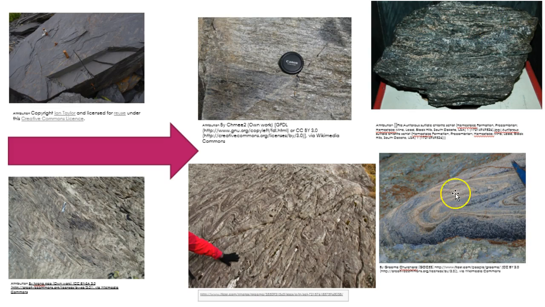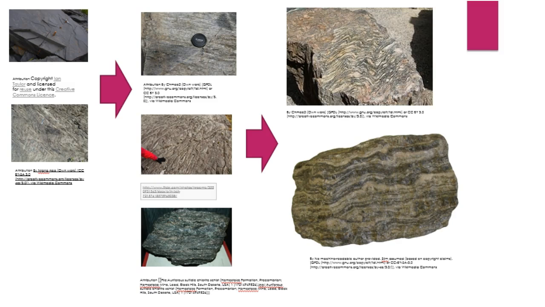Now take schist and heat it up again or put it under even more pressure, and you end up with gneiss. So we've gone from mudstone to slate to schist to gneiss, which is this rock here foliated even more. See how you have the distinct lines of dark and light?